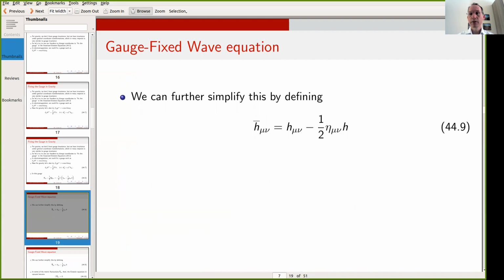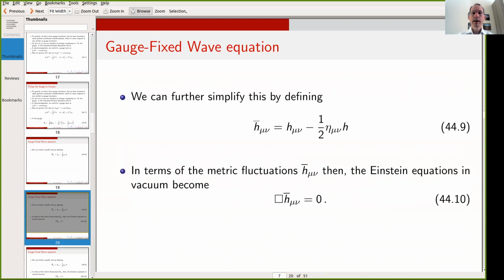Of course, we can simplify this further by just changing notation. We denote this combination as a fluctuation h bar. With this notation, the linearized Einstein equations in vacuum become very simple. They become just box h bar = 0.